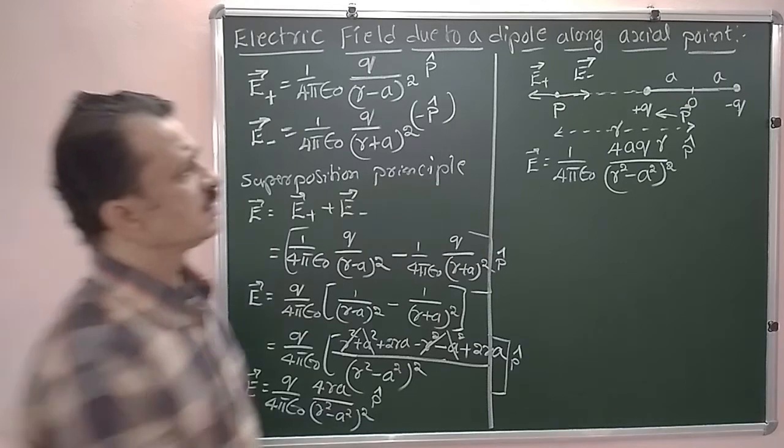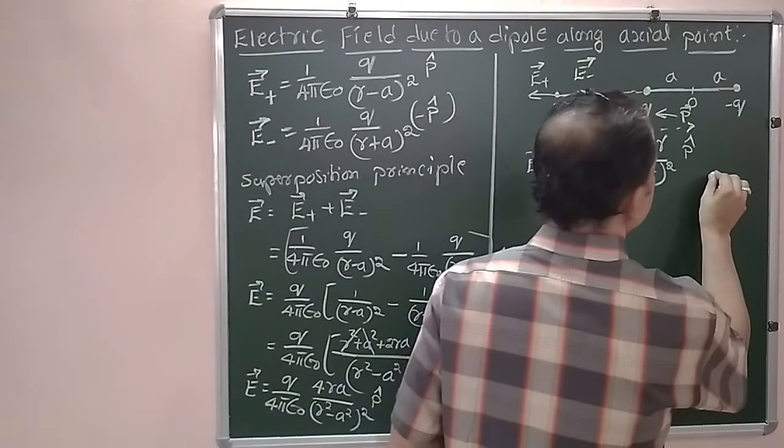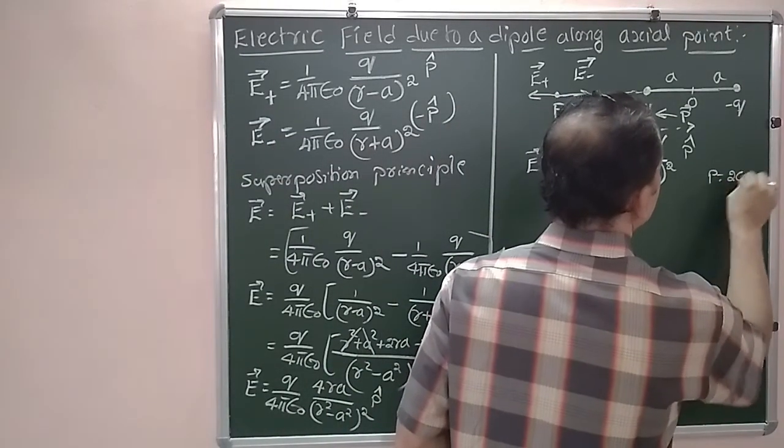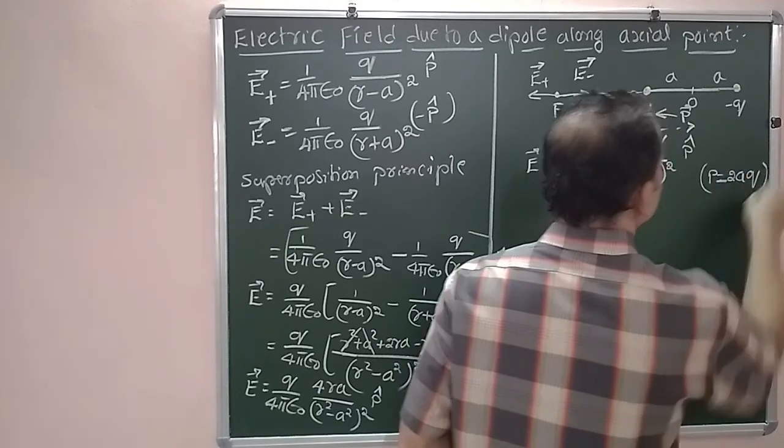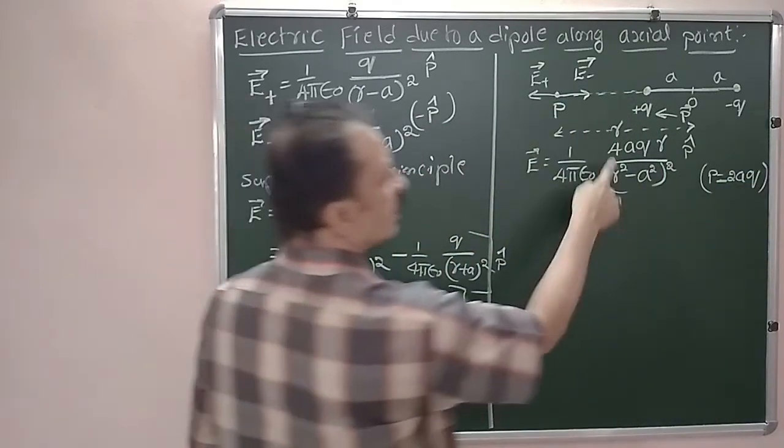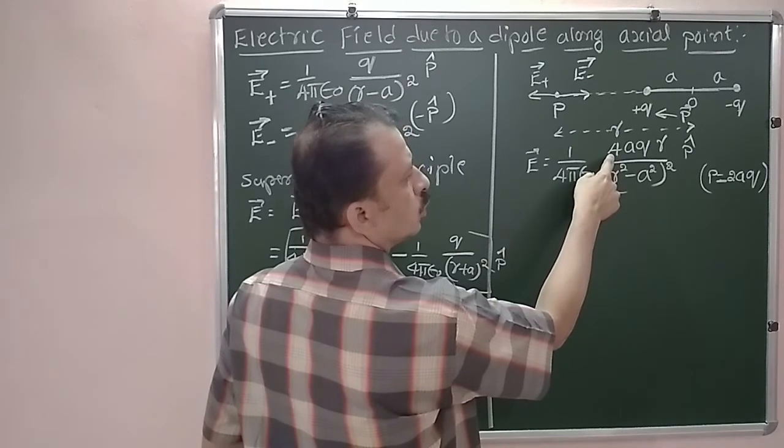But we have known that this electric dipole has a dipole moment P equal to 2aQ. Now here 4 can be written as 2 into 2.